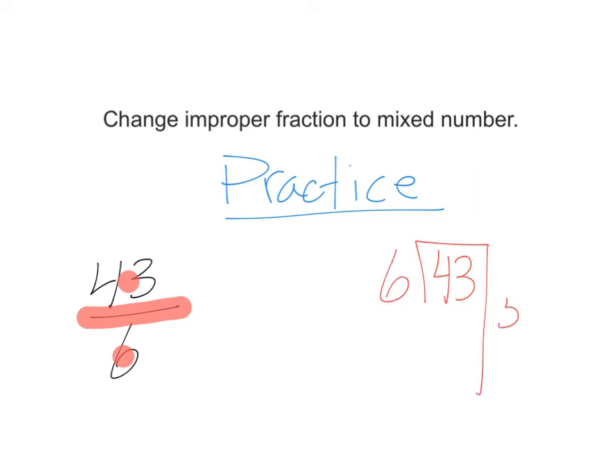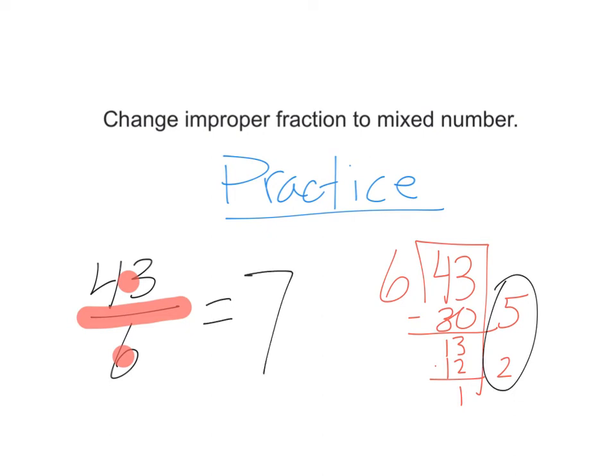I know 6 times 5 is 30. And 6 times 2 is 12. So for my answer, I have 7 and 1 out of 6.